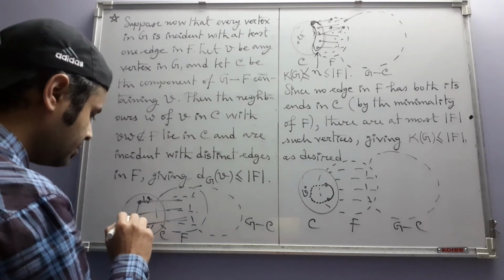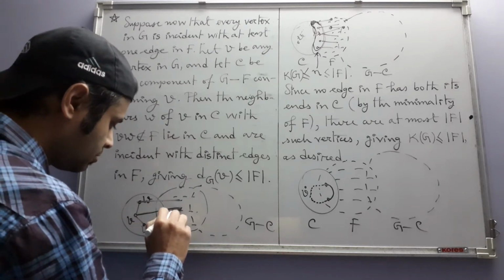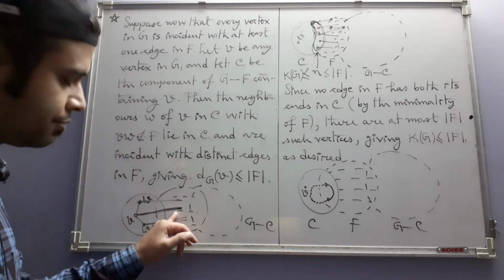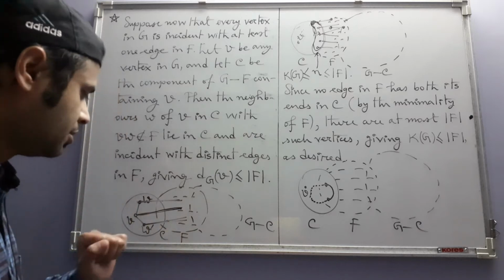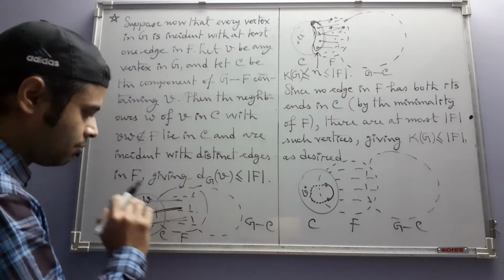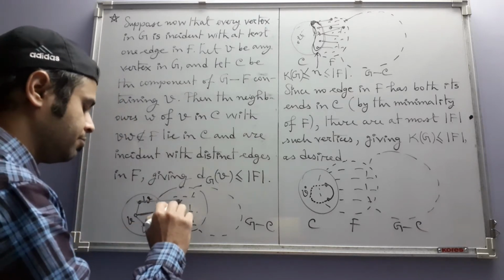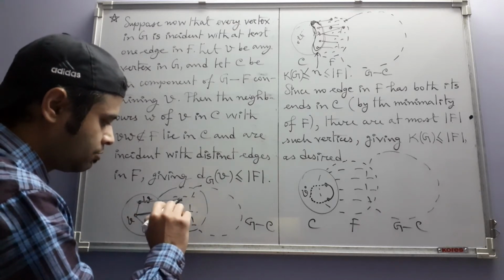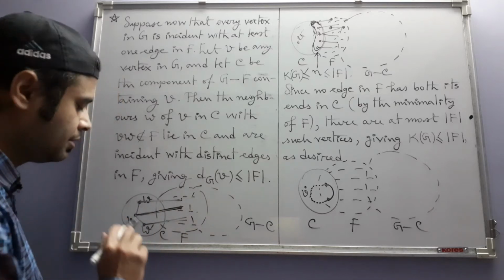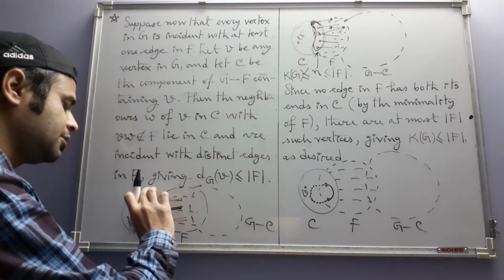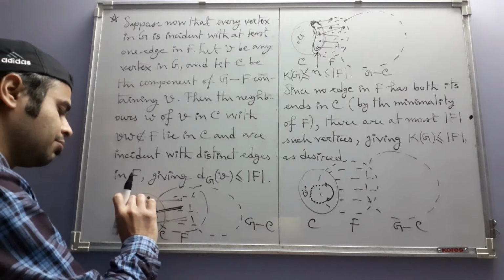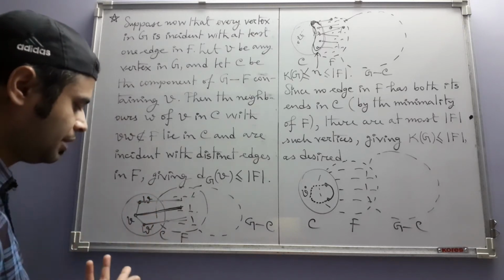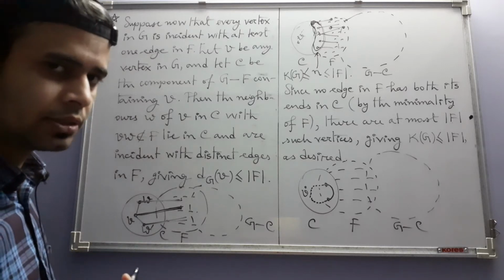Also you can see that this edge that is incident with V and it is coming from F is also not one of these edges. Why? Because even in the case where these two ends are the same, these two edges cannot be the same edge, because then W and V should coincide, but then W will be V, and V is not a neighbor of itself.